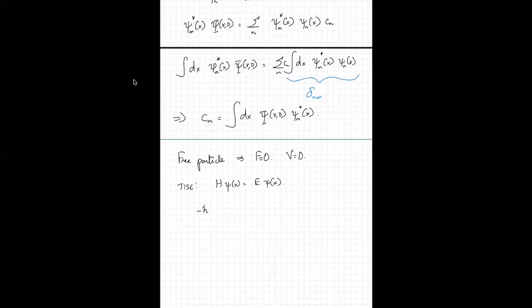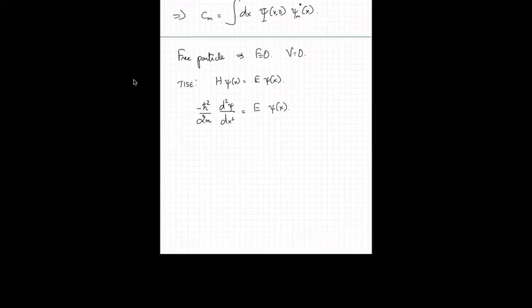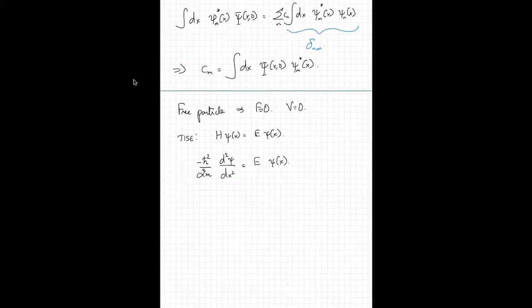So this equation simply becomes minus h bar squared over 2m d squared psi over dx squared equals E psi of x, which I can rearrange slightly and write d squared psi over dx squared equals minus 2mE over h bar squared times psi of x.